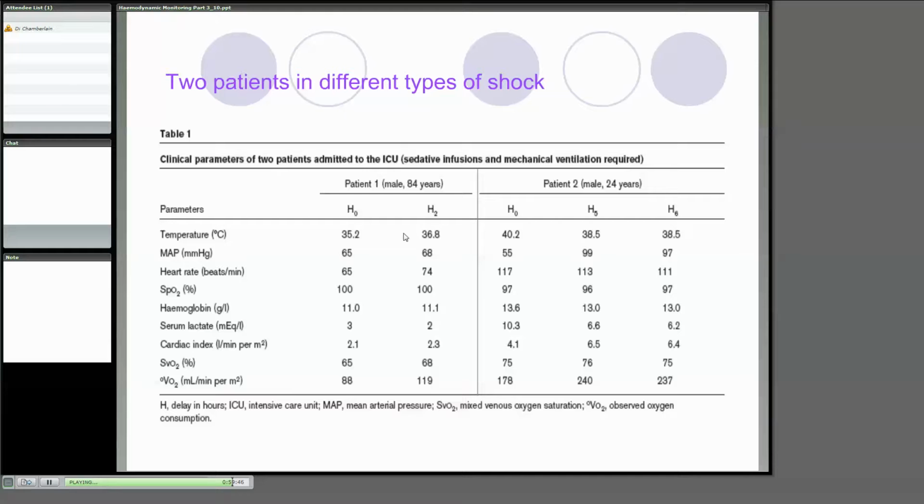But this is a young guy, obviously, with something like influenza A or one of those really bad infections that is hyperdynamic, very hot, very high metabolic rate, and we keep him filled and resuscitate him early, and he will probably do quite well with some antibiotics early as well.